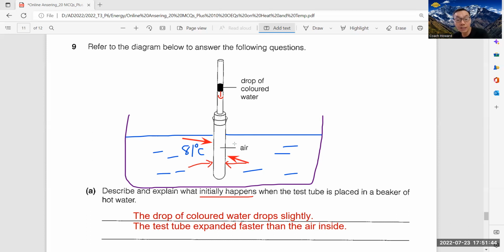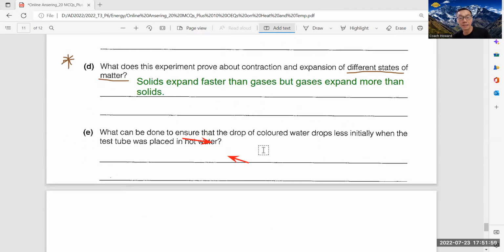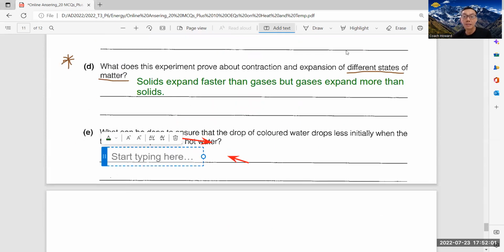I want the heat to be conducted faster to the air. So definitely I should use a thinner test tube. So you can say use thinner glass for the test tube. So this one is use thinner glass for the test tube.